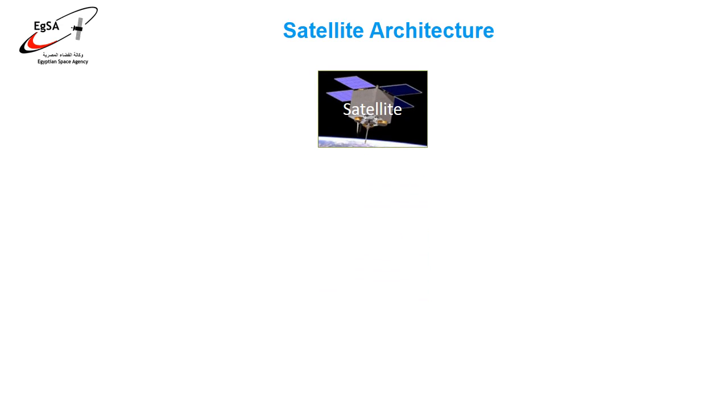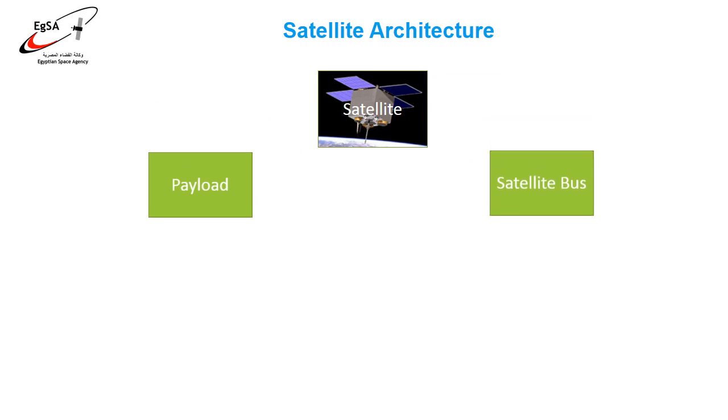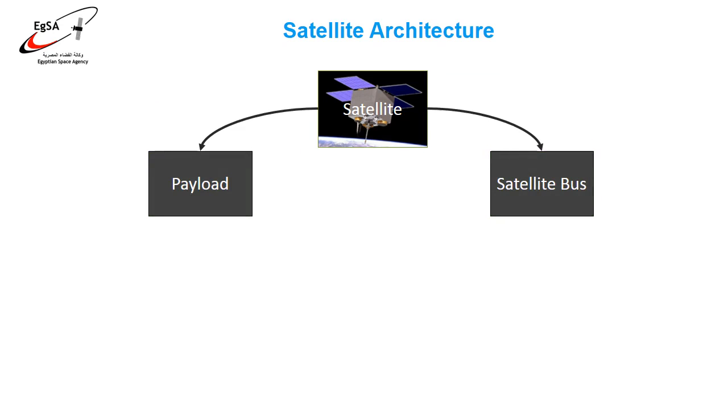It is composed mainly of two main partitions, the payload and the satellite bus. A satellite payload is defined to be a combination of hardware and software that work together to interact with the external environment to perform the mission a satellite is sent to space for.